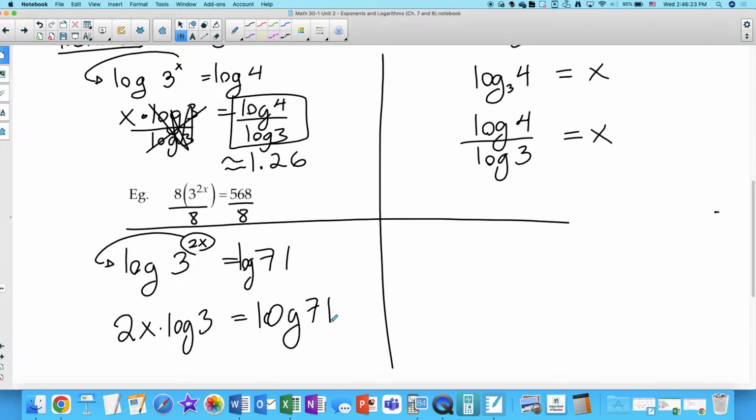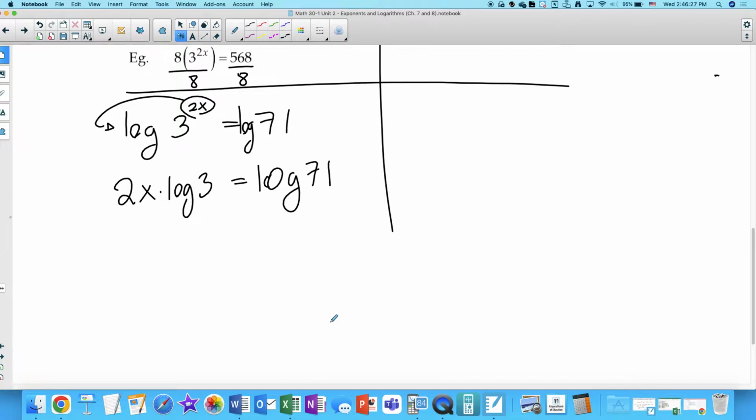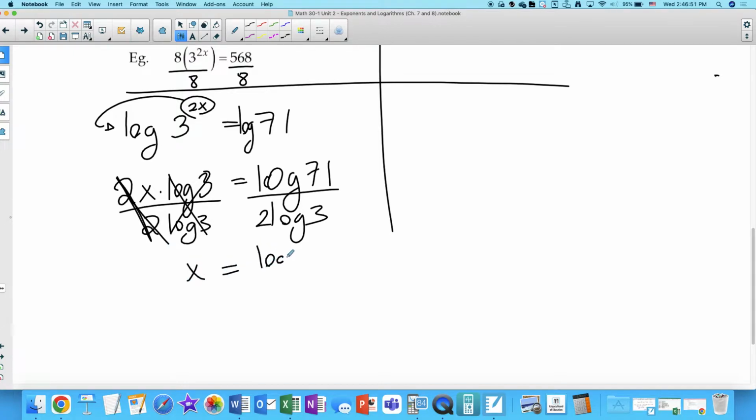And then to isolate x, yeah, we need to divide by log 3, but we got to divide by something else too. 2, yes. Right? We're going to divide both sides by 2 log 3. And then the log 3's will cancel and the 2's will cancel. So x is equal to, I should probably write it out nicely, log 71 over 2 log 3.